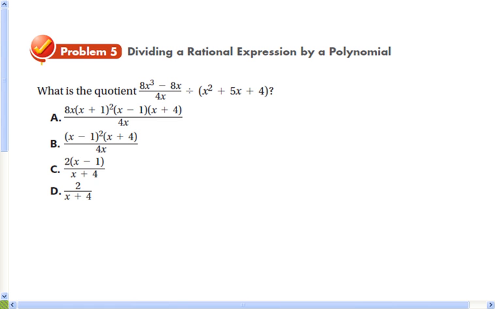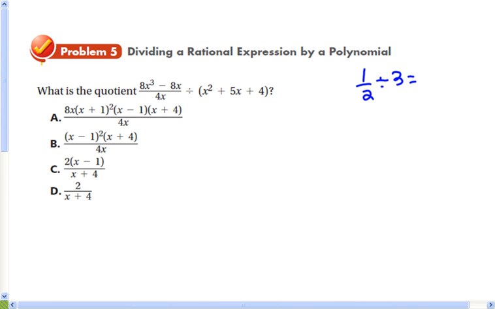All right, one more problem here, dividing a rational expression by a polynomial. Again, we're going to use the definition of division, where dividing by some number is the same as multiplying by the reciprocal. Just to give you a quick example, let's say I was dividing the fraction 1/2 by 3.